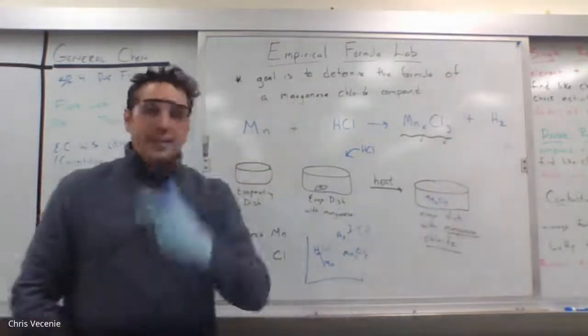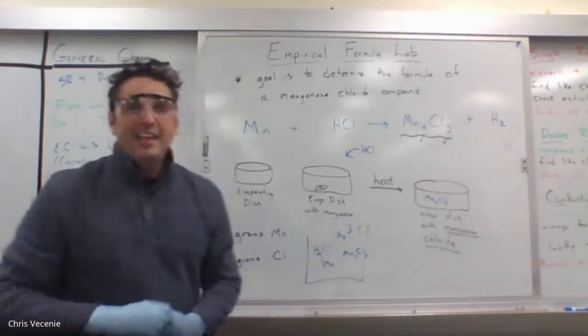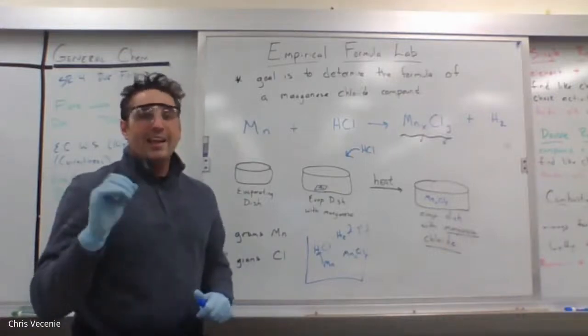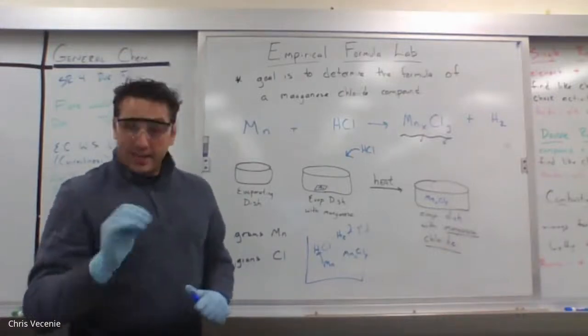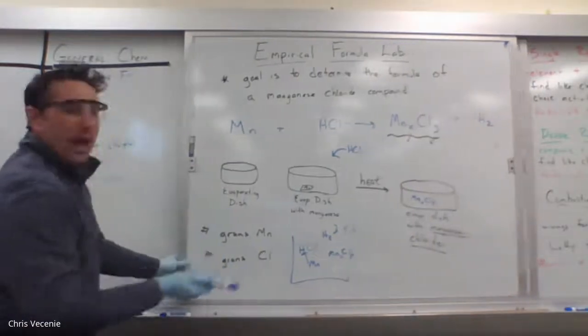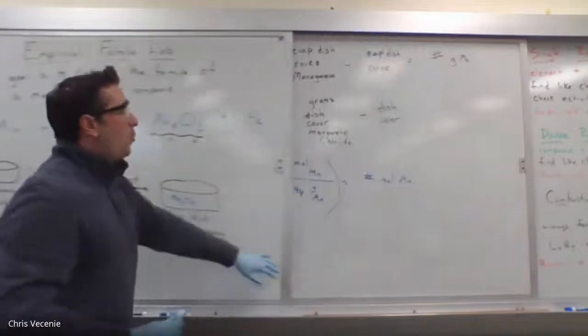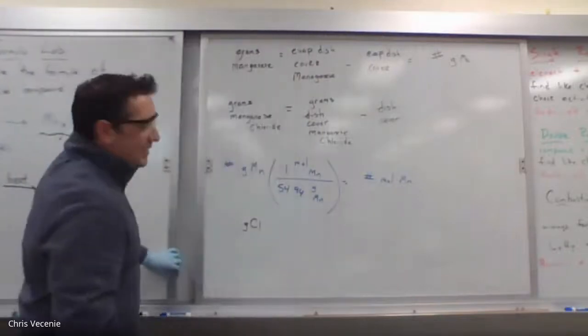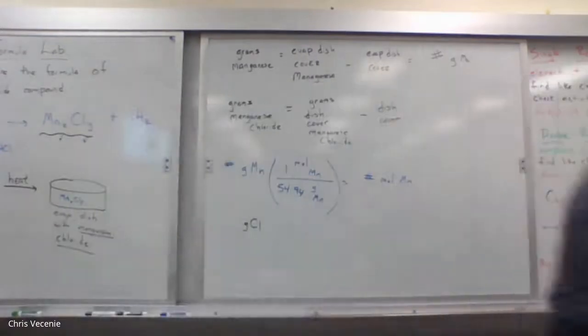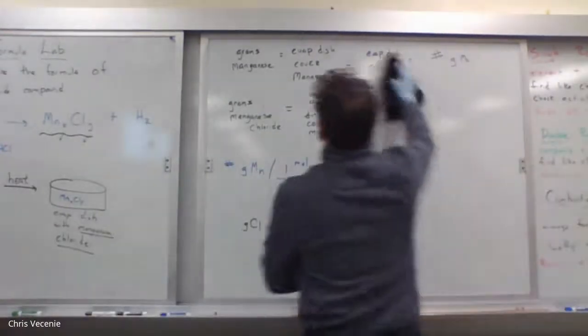So when I weigh that evaporating dish at the end, it should absolutely positively weigh more than it did at the beginning. And that added weight is going to be how much chlorine attached, which is what we need. Right? So the last calculation that's going to let us jump to here, right, is getting the chlorine. So let me show you that.